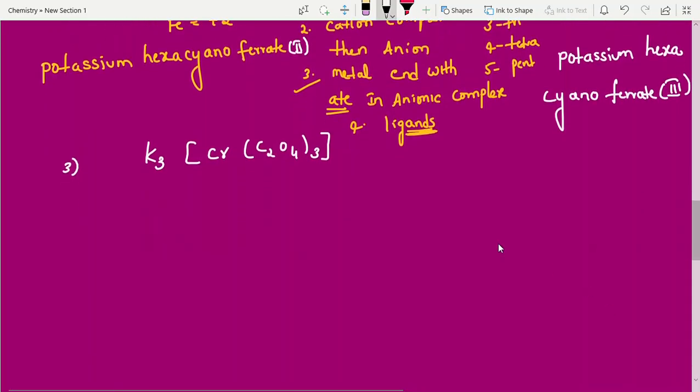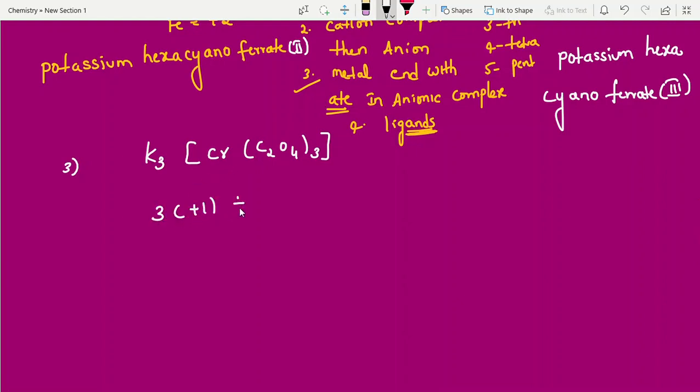Now come back to this one. Different examples I have selected, students. Each example I will introduce one new rule. See here. This is a cationic complex again, this is an anionic complex. Calculate the oxidation state first. 3 into +1 plus X. What is X here? Chromium. Oxalate ion is a bidentate ligand.